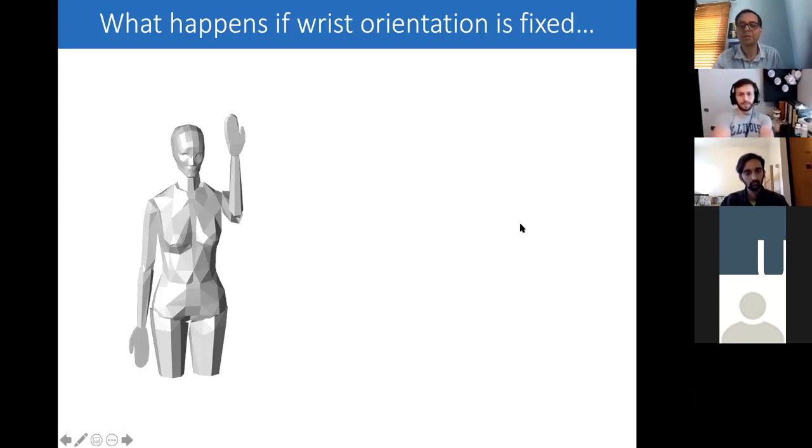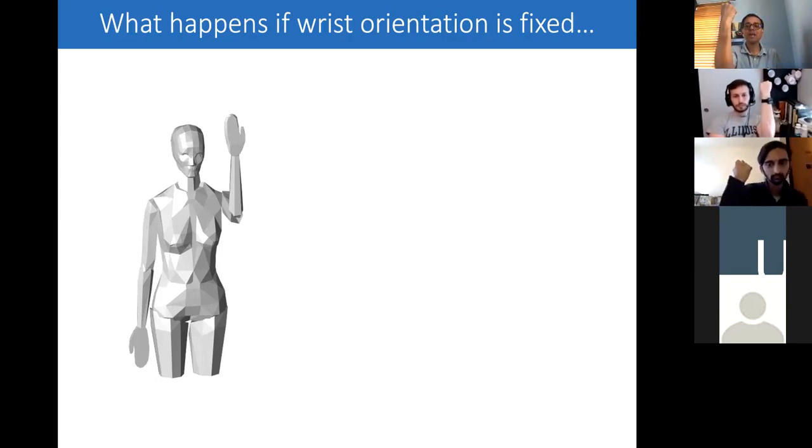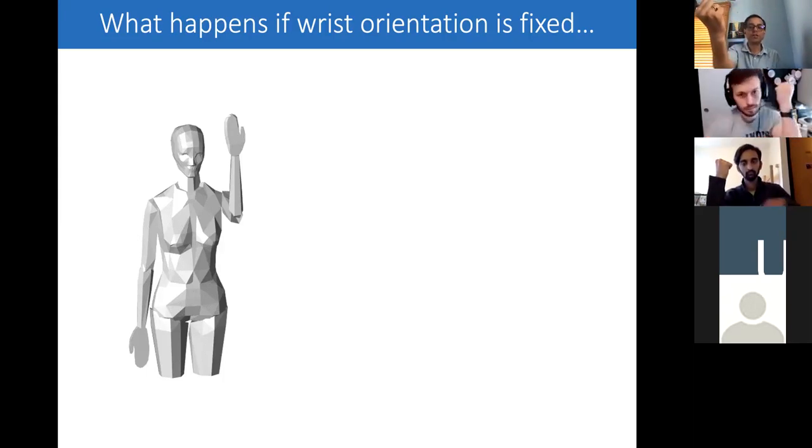Let me ask you to do this for me. If you do your arm like this, why don't you guys do this with me? Your arm is like that. Now, try to move your arm around such that the orientation of the wrist does not change. If you do this, the orientation of your wrist has changed. If you do this, the orientation of your wrist has changed.